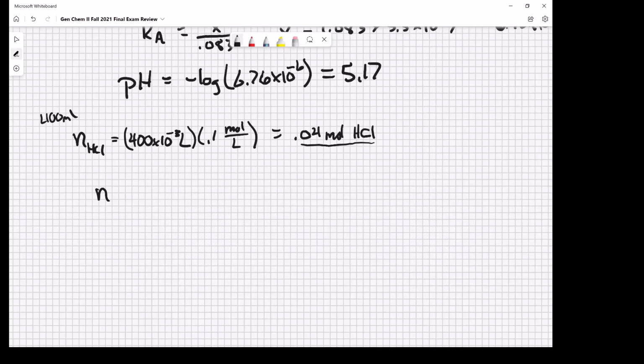So how many moles of HCl will be left over? It's just going to be the 0.04 minus the 0.025. So the number of moles of HCl in excess is just the 0.04 that we have minus the 0.025, which is the number of moles of NH3.